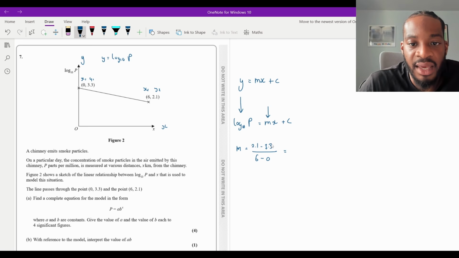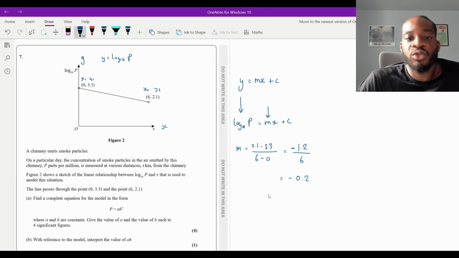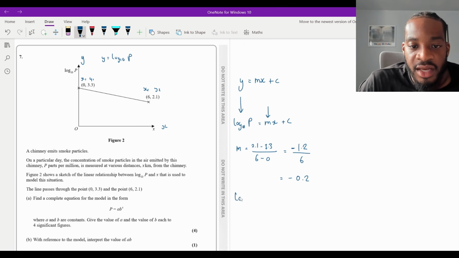That will be negative 1.2 over 6, which is just 12 over 6 is 2, so this is 0.2, isn't it? So the gradient is minus 0.2. So I'm going to put that in there. Log base 10 of p is going to equal minus 0.2x plus c.